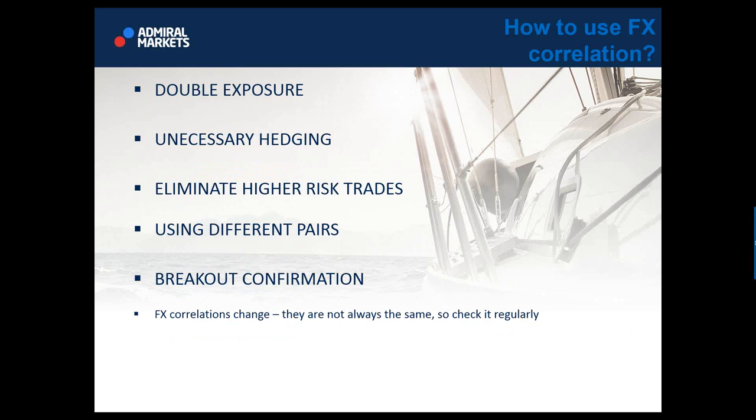So by trading euro dollar and pound dollar simultaneously, you would be double exposed to dollar movements and news. That means that you are basically trading dollar weakness or dollar strength. So if you see that pairs are moving in the same direction, usually one pair is enough.